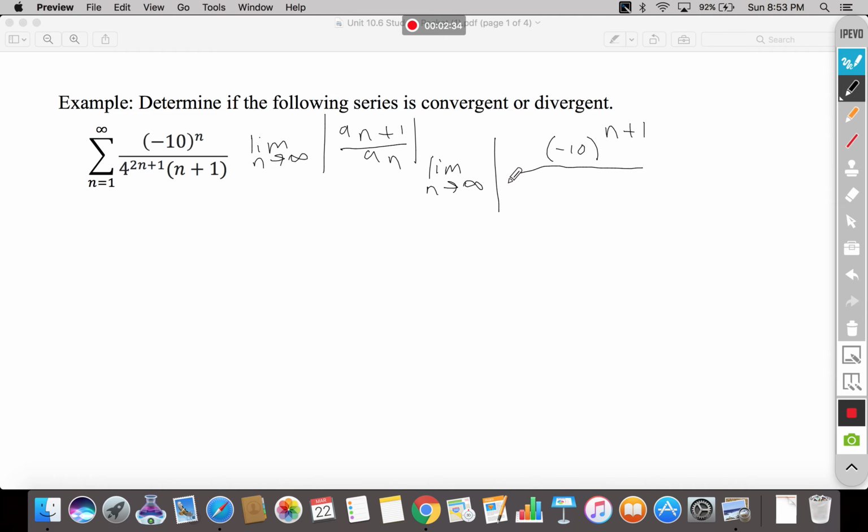So what is that going to look like? It's going to look like 4 to the 2n plus 1 plus 1, all in the exponent up there, times the quantity n plus 1 plus 1, all down there.